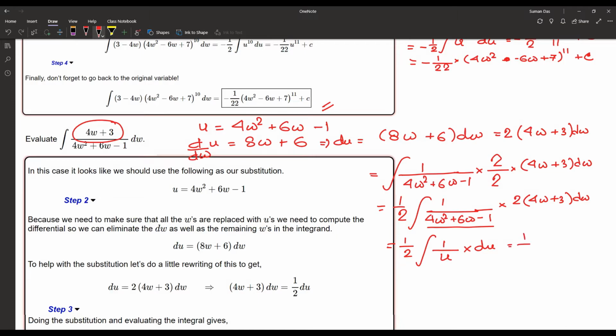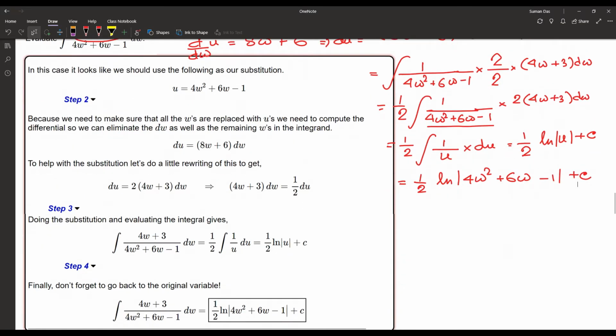So the final result is 1 by 2 ln modulus of u plus integration constant. As u is equal to the function, we are replacing it with ln modulus of (4w^2 + 6w - 1) plus integration constant. Just check here, that is our result.